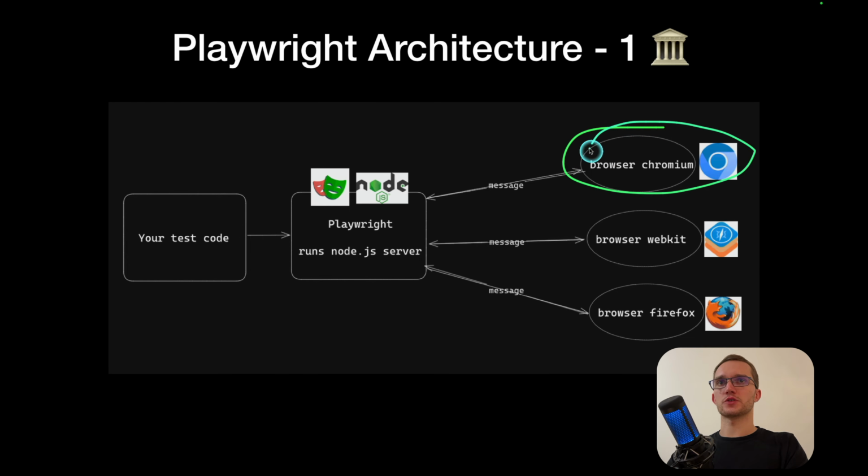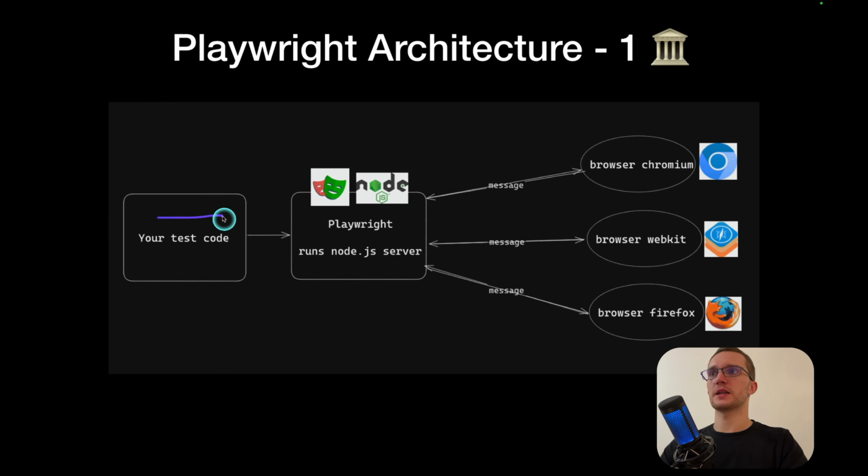So the browser searches for the element by the specified selector, and then the browser sends a message to this Node.js server that, okay, I found the element. Then again, in your test code, it reads the next line. The next line might be something like click on this element.